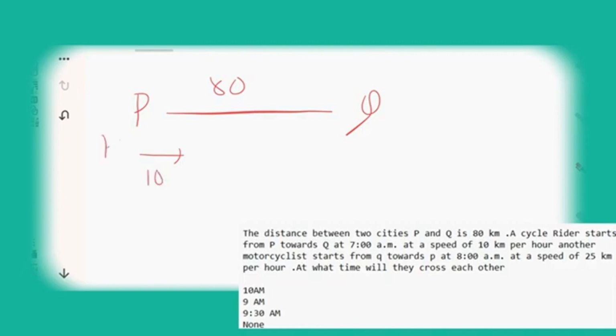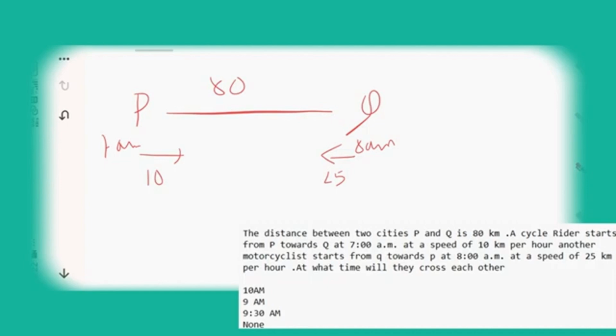Another motorcyclist starts from Q towards P at 8 a.m. at a speed of 25 km per hour, which is 1 hour later. So in this 1 hour difference, the cyclist already covered 10 kilometers, right?